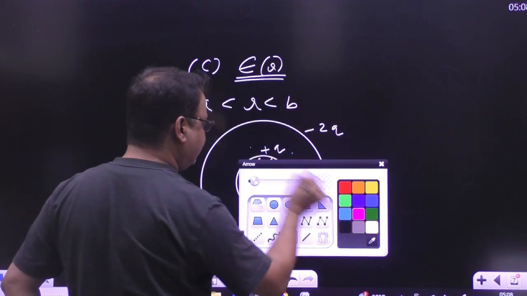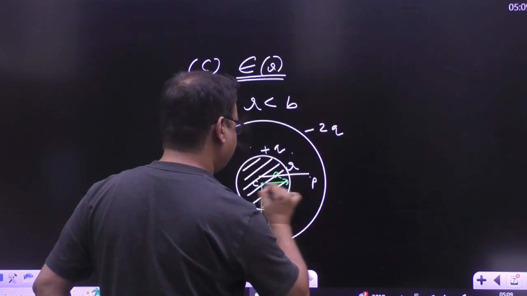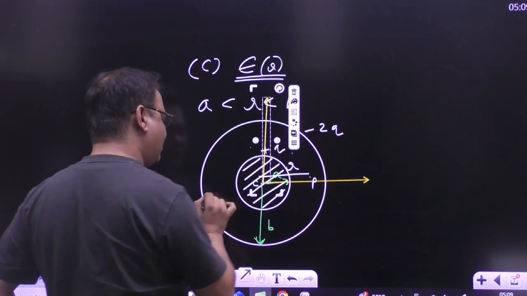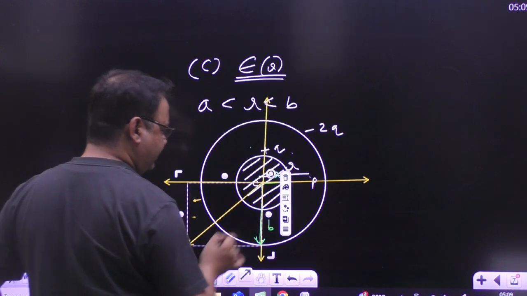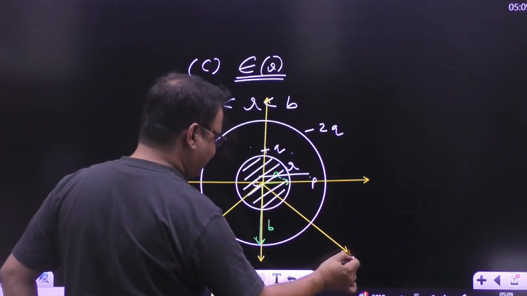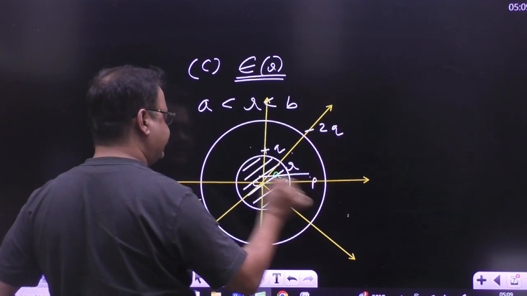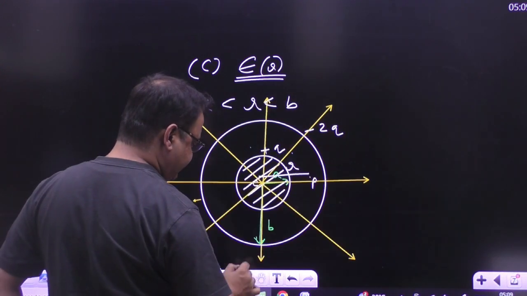I don't know whether the field will be there or not, neither do I know if it is there, whether it would be radially away or radially inward. But if there is any possibility of field, it will have cylindrical symmetry. Either the field will not be there or the field will be cylindrically symmetric.